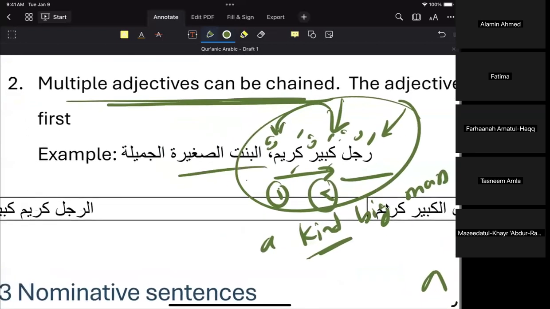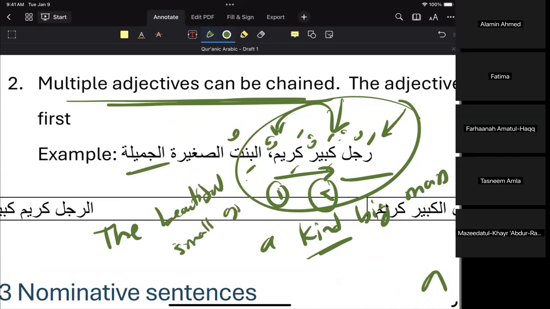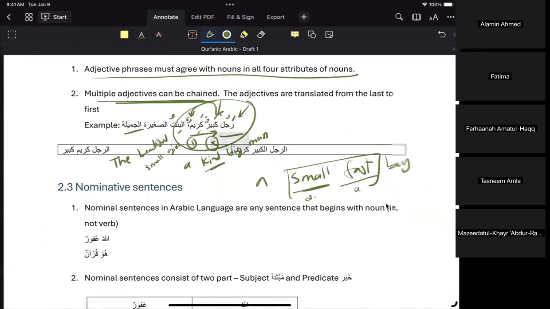Same thing with this. You can chain al-baytu, al-bintu as-saghiratu al-jamilatu. So you will read from the back. The beautiful first, then small girl. Okay, so something to keep in your mind.